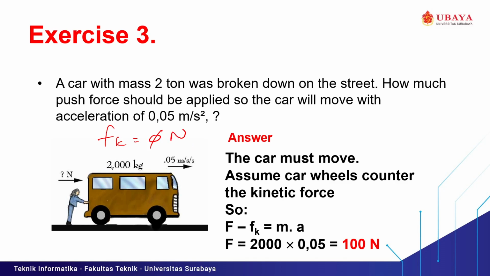If we can assume that fk is 0, we have the second law: F equals sigma F equals ma. F minus fk equals ma. Because fk is 0, F is directly m times a, you will get 100 Newton. This is even simpler than the second and the first exercise.